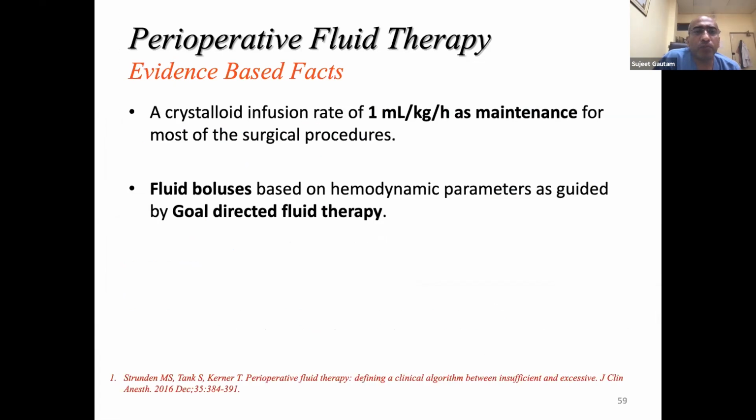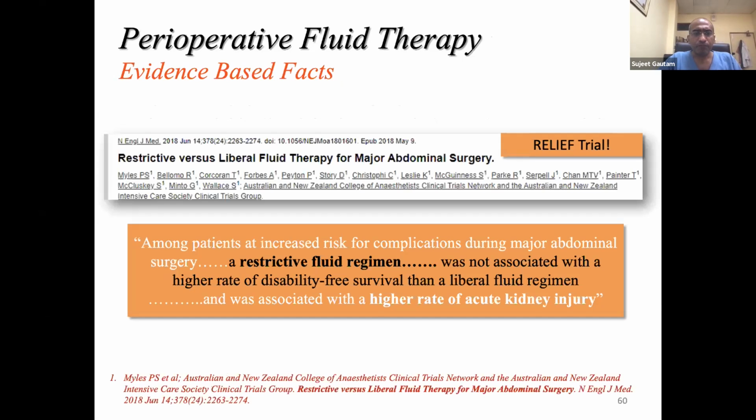Fine. This article suggests that a crystalloid infusion rate of 1 mL per kg per hour as maintenance for most of the surgical procedures, along with the fluid boluses based on hemodynamic parameters as guided by GDFT.